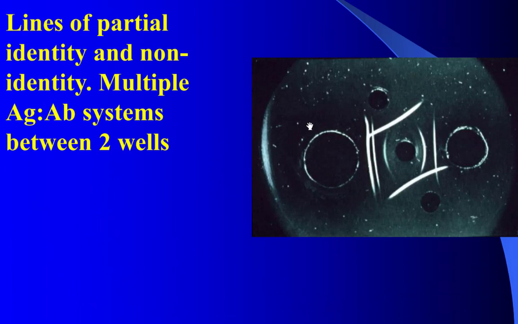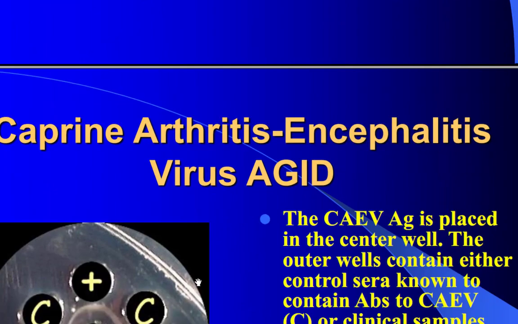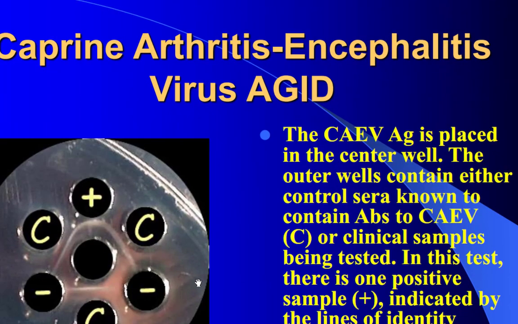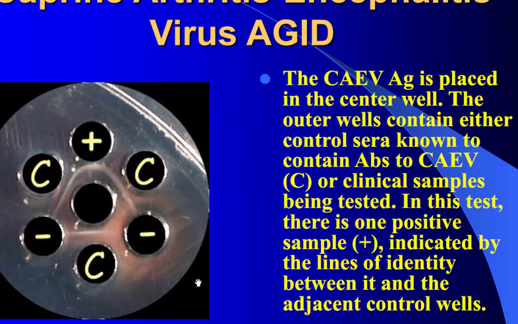Lines of partial identity and non-identity, multiple antibody system, antigen antibody system combination between two wells. Caprine arthritis encephalitis virus, agar gel.